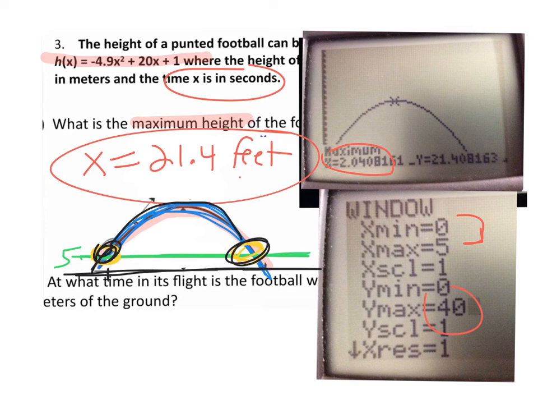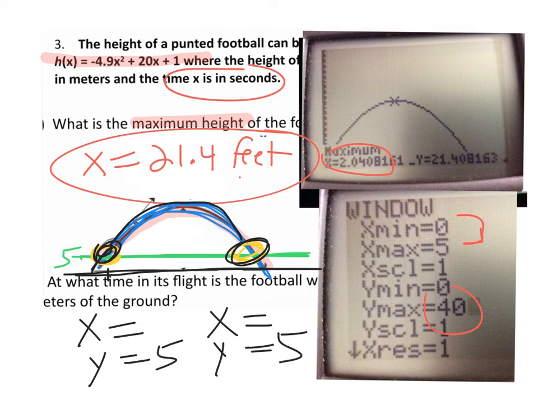So here basically we have to go about finding 2 x values, 2 times when the y value is 5. So the best way to go about doing these questions is to actually create a second equation just saying y is equal to 5.